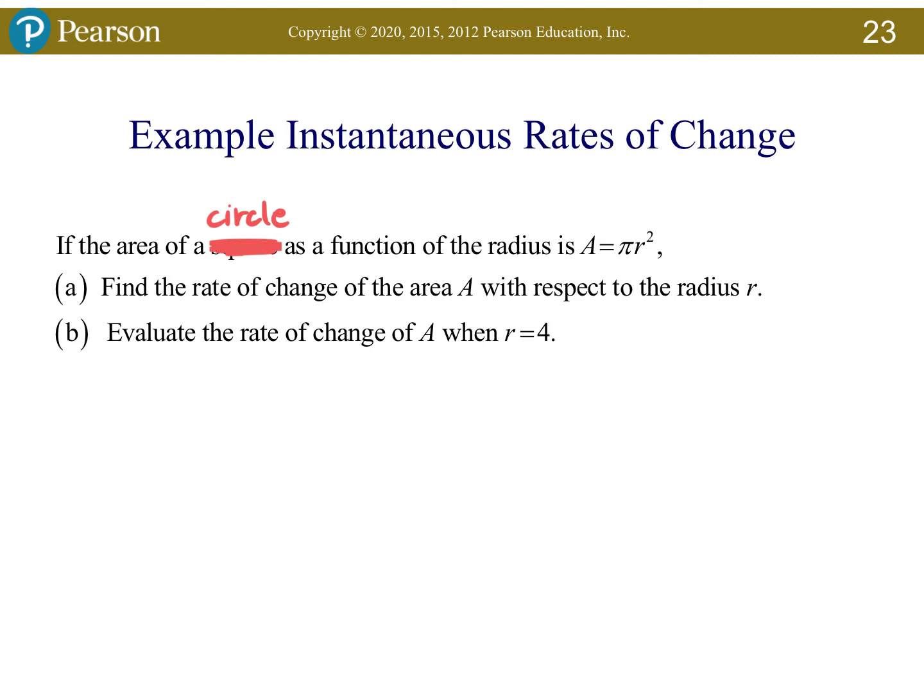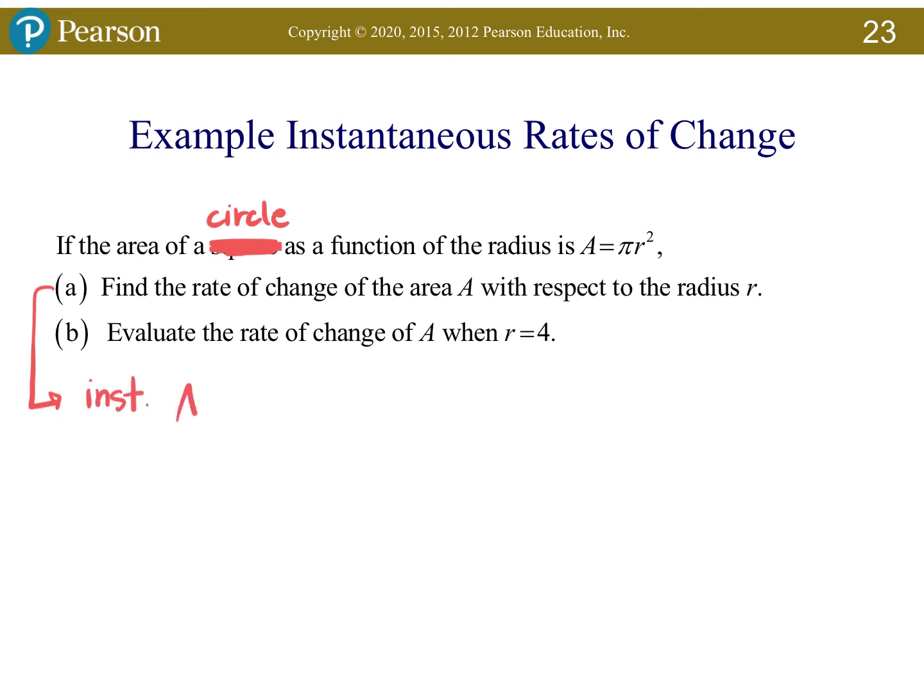A circle could be changing. It could be a drop of water and you watch the ripple go out, a circle changing like that. It could be a soap bubble, where we're talking about the sphere itself changing shape. So when we find the rate of change, we want the instantaneous.